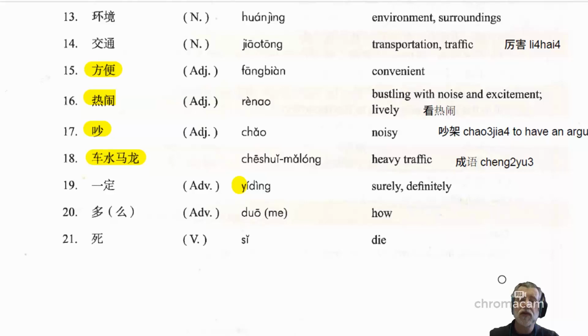So it's an adverb, as it says there, and so therefore you can put it before a verb or an adjective. So, for example, we might be about ready to start class, and I'm waiting for a particular student, and I ask you, 他来不来? And you might say, 老师,他一定来.